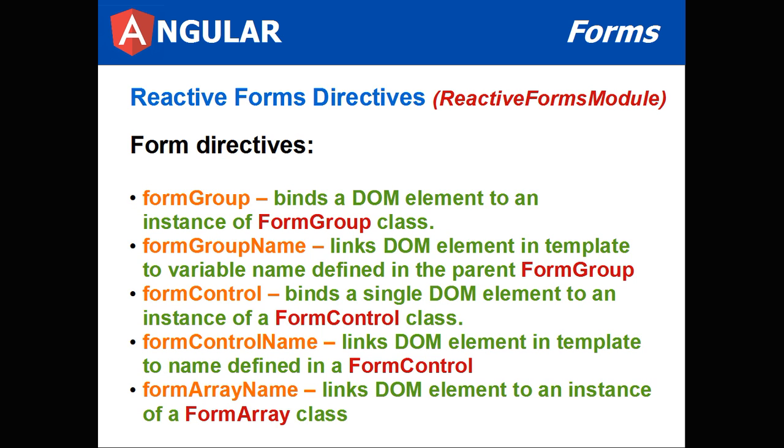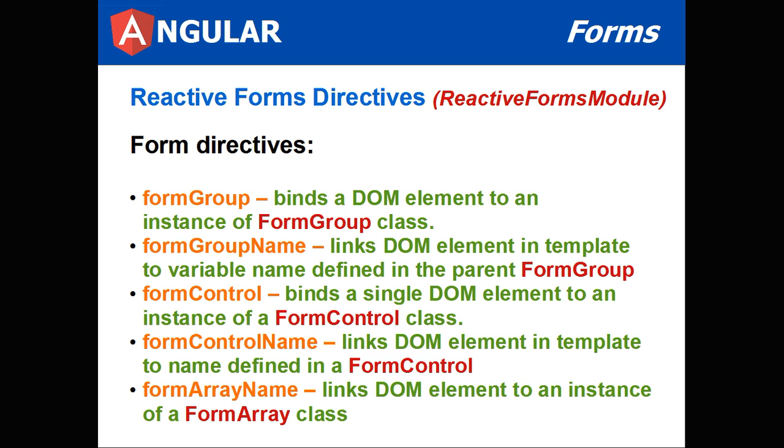Reactive form directives come from the reactive forms module, and there are several of them. There's the form group. It binds a DOM element to an instance of the form group class. Form group name links a DOM element in the template to a variable name defined in the parent form group. A form control binds a single DOM element to an instance of a form control class.